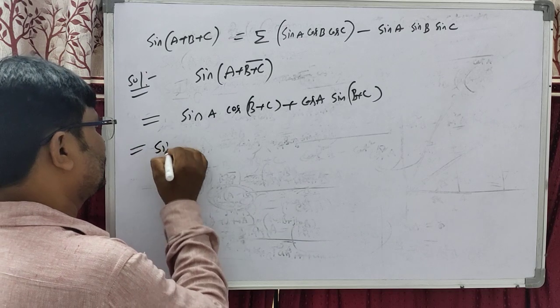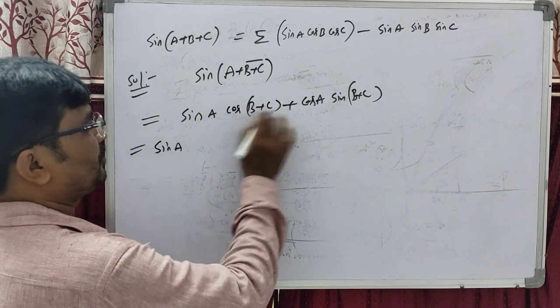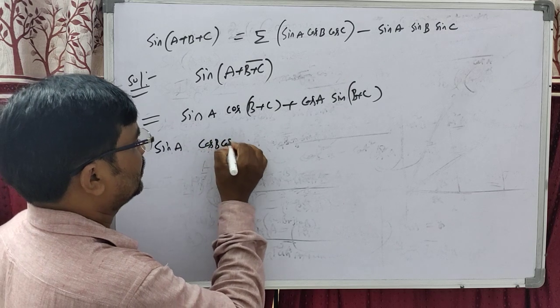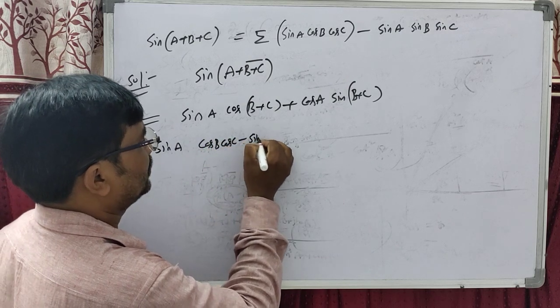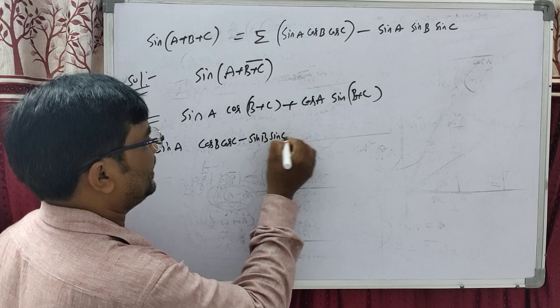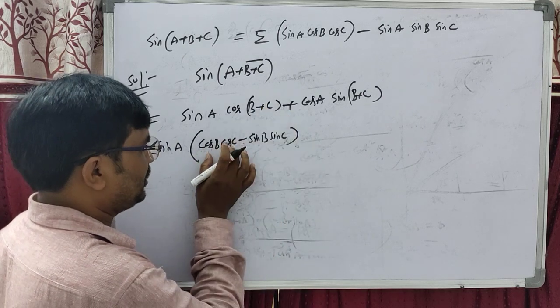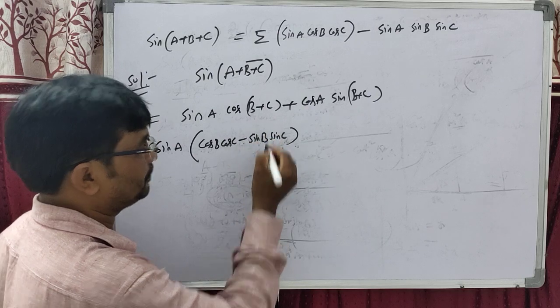Dear students, what is the formula of cos of b plus c? That is cos b cos c minus sin b sin c. Dear students, the cos of b plus c is cos b cos c minus sin b sin c.